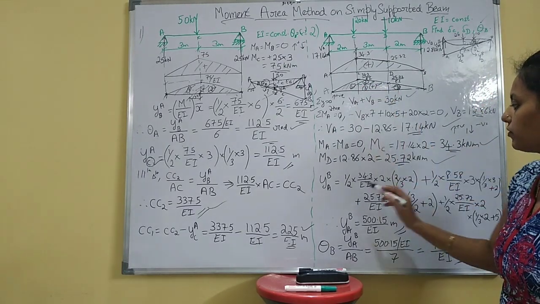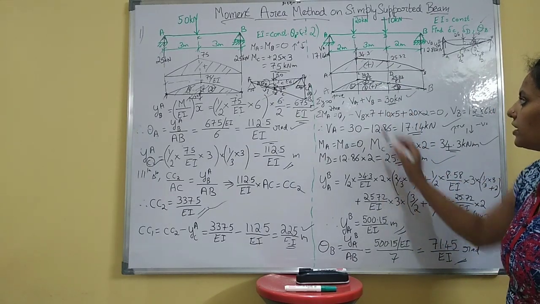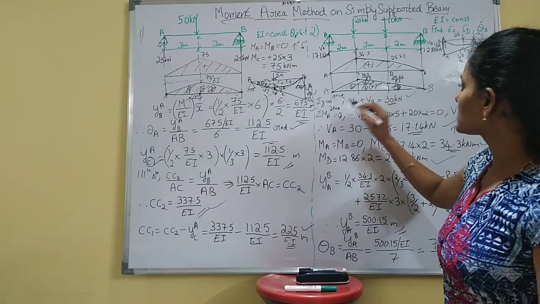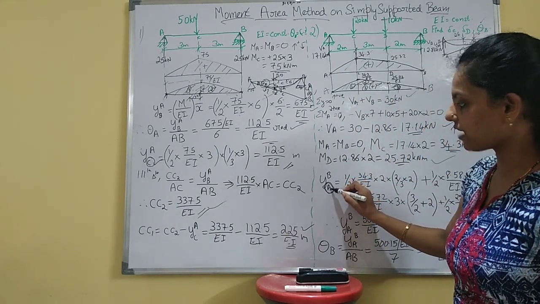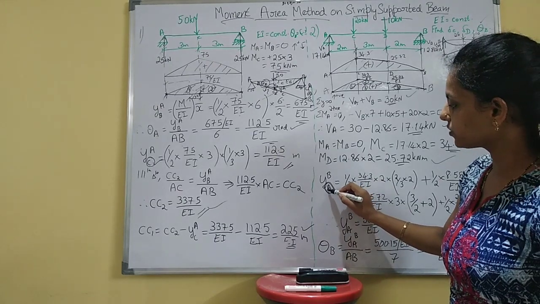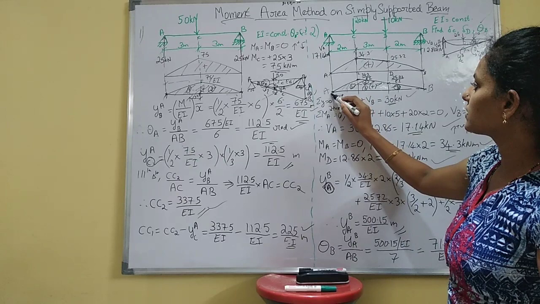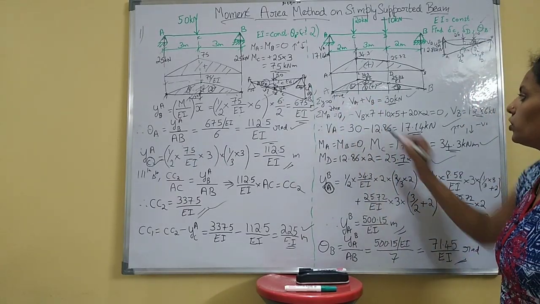So for that you have half into this whole distance 34.3 by EI into distance 2 into x bar. Always with respect to A, whatever you have in the down side, that with respect to that you have to consider. So with respect to A, this will be your x bar, that is 2/3 of 2.